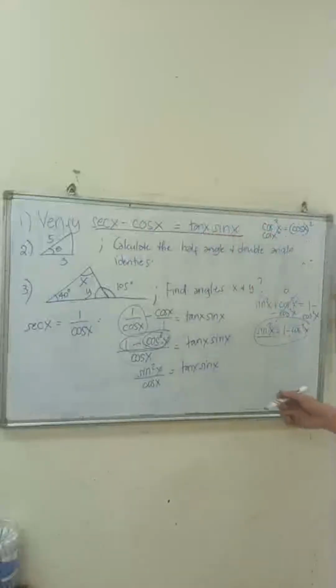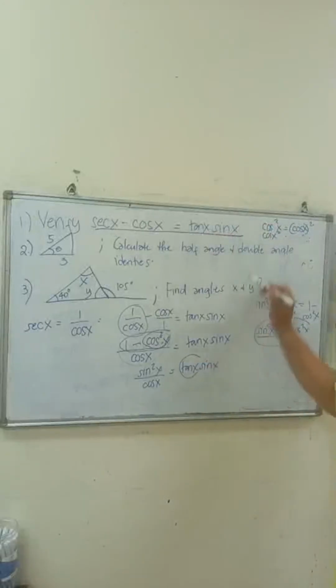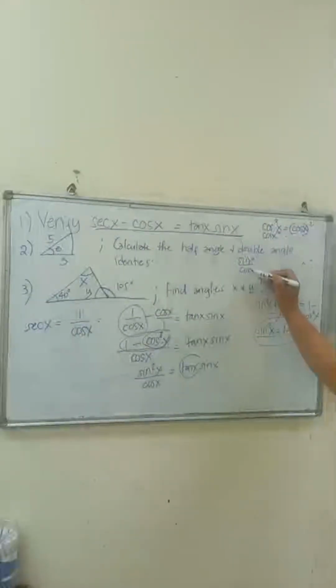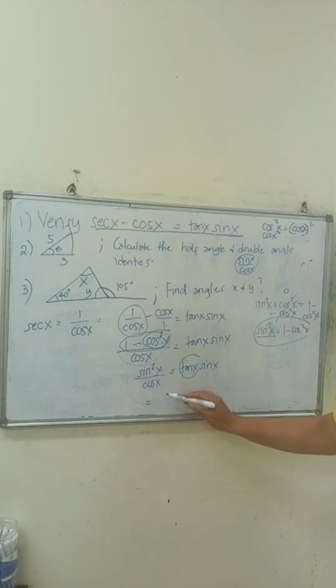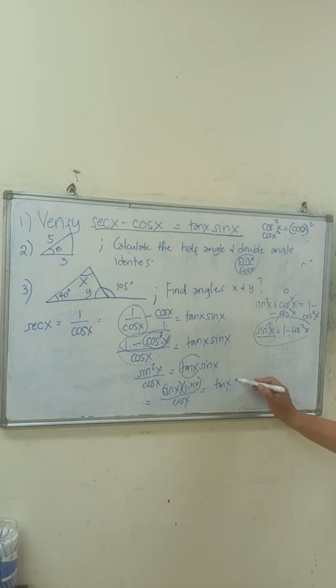The definition of tangent x is sine x over cosine x, right? If you split sine squared x, obviously it becomes sine x times sine x, as I told you previously, and we still have the denominator cosine x, which equals tangent x sine x.